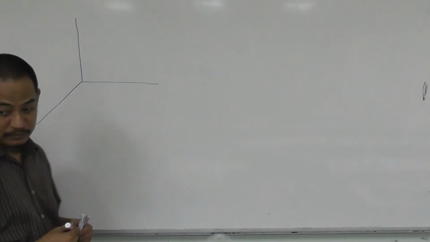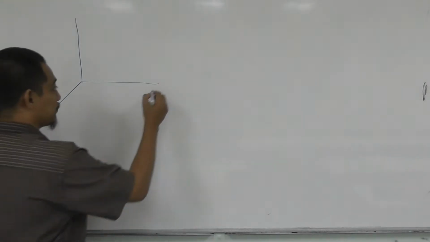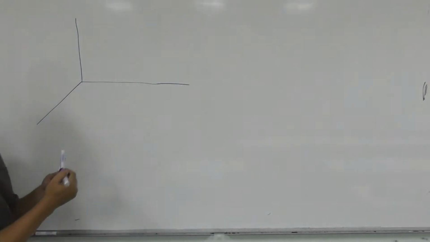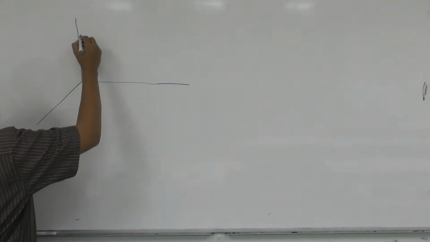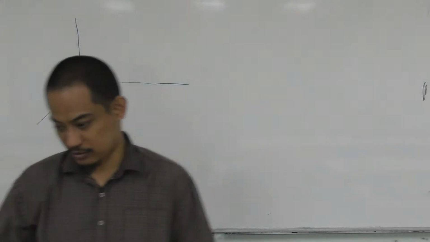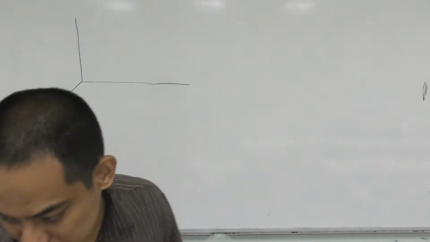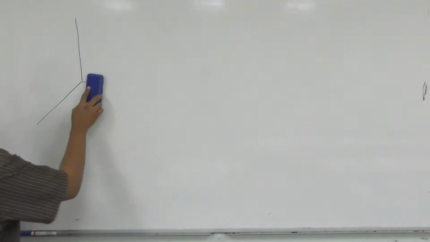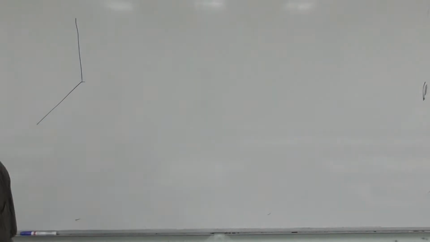Now for F1, hopefully you can understand the way it is being drawn. So basically we'll have the line like this. Wait, it is not drawn at that angle. I try to draw in accordance with the diagram itself.